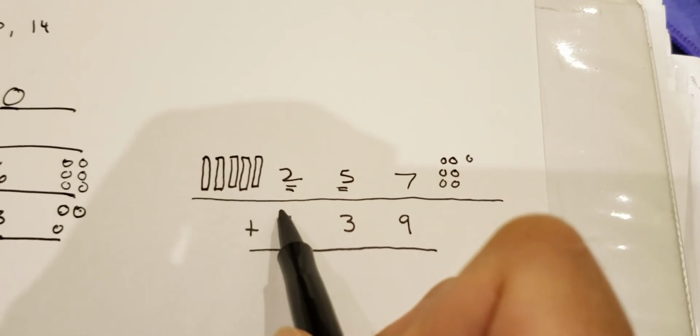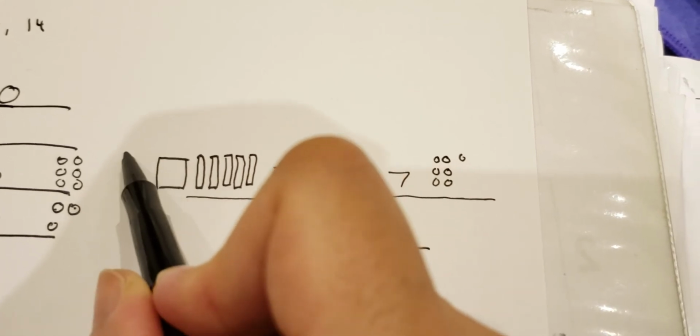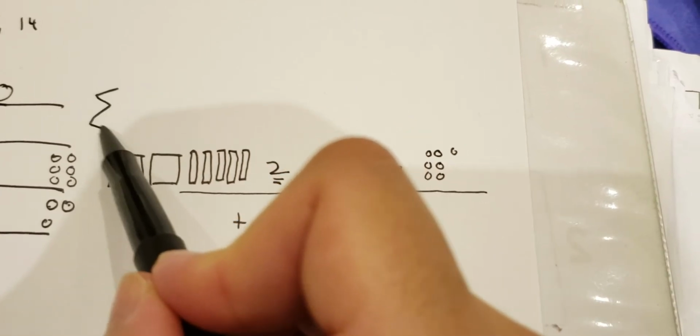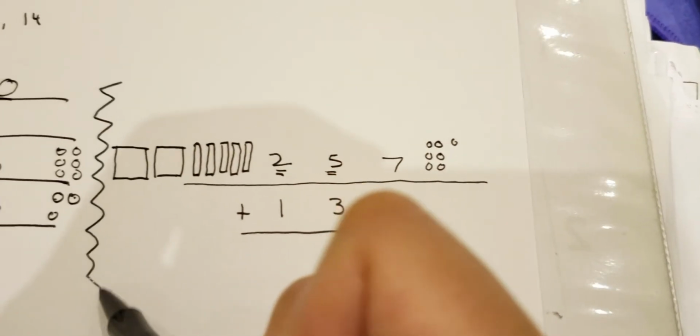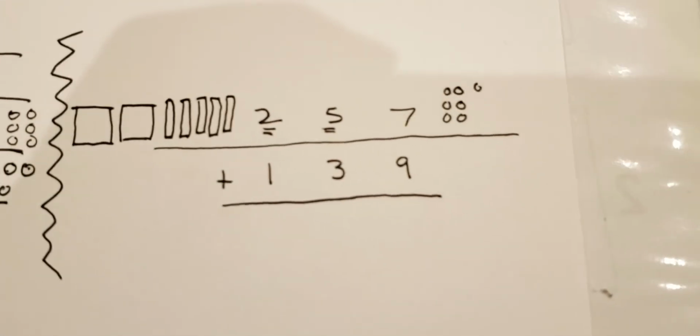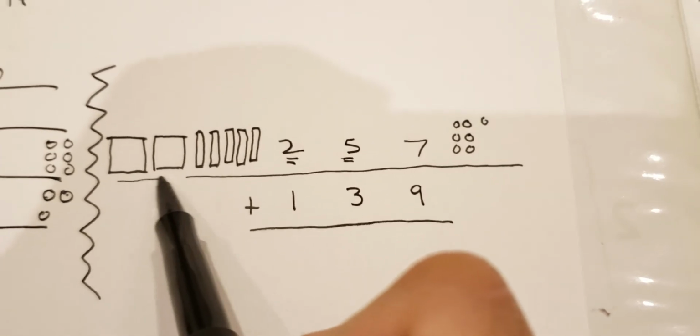How many hundreds? 2 hundreds. Okay, I'm just going to make a little zigzag line so we know that these are 2 different problems here. Okay, so we drew our top base 10 values.